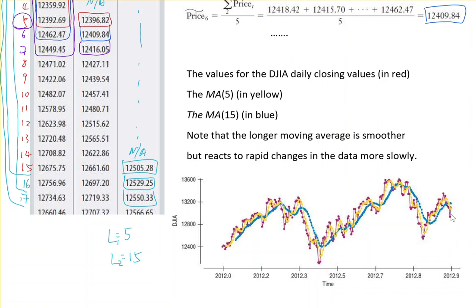Okay, so my question is, here I have the yellow one, I have the blue one. Which one is for L equals 5? Which one is for L equals 15?